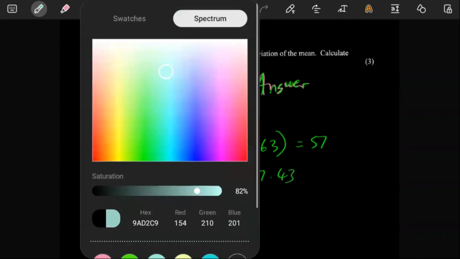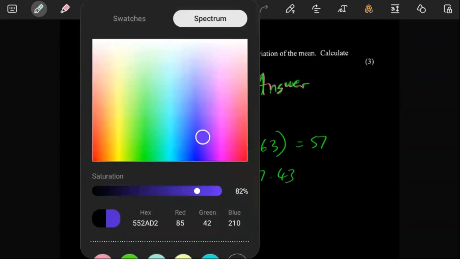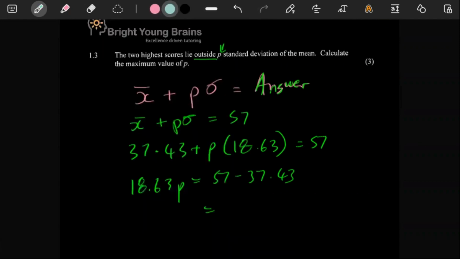Let's see, there in the calculator. Come on, calculator, you must work. 57 minus 37.43, right? You're getting there, 19.57. And then this is 18.63p.